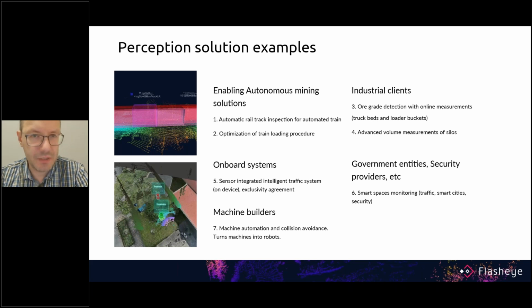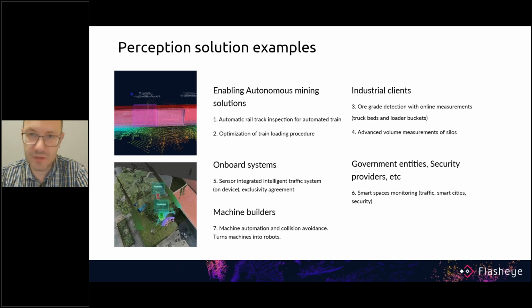Here are a couple of other examples where LiDAR combined with our perception stack can be used, like enabling autonomous mining solutions. And here we have solutions enabling automatic rail track inspection for automated trains.